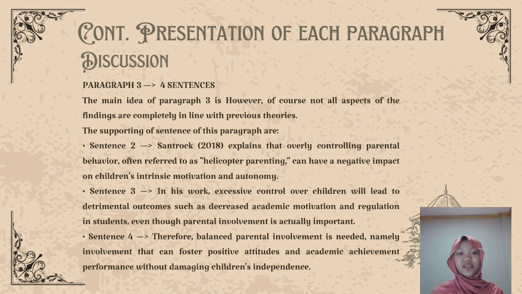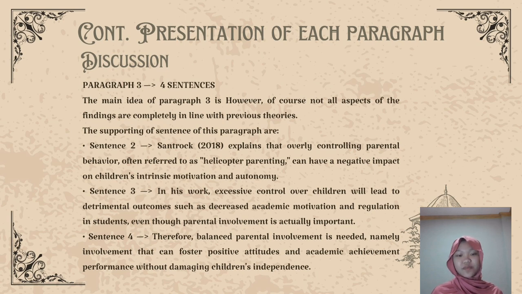The supporting sentences of this paragraph are: sentence 2 contains that Santrock 2018 explains that overly controlling parental behavior, often referred to as helicopter parenting, can have a negative impact on children's instinct, motivation, and autonomy.